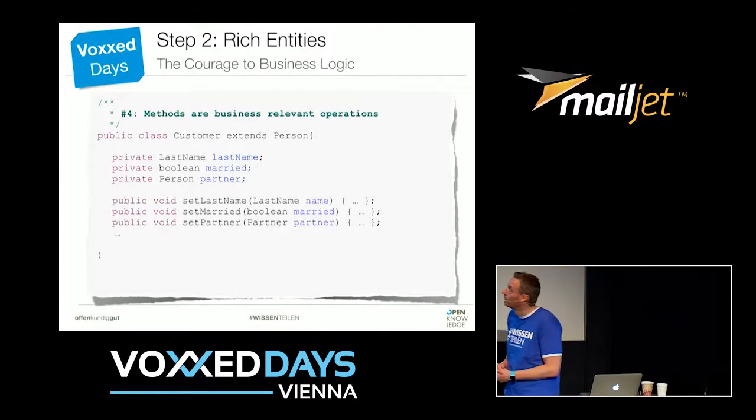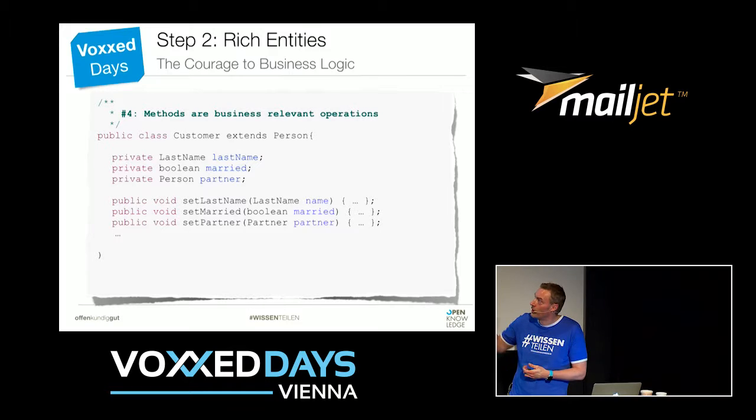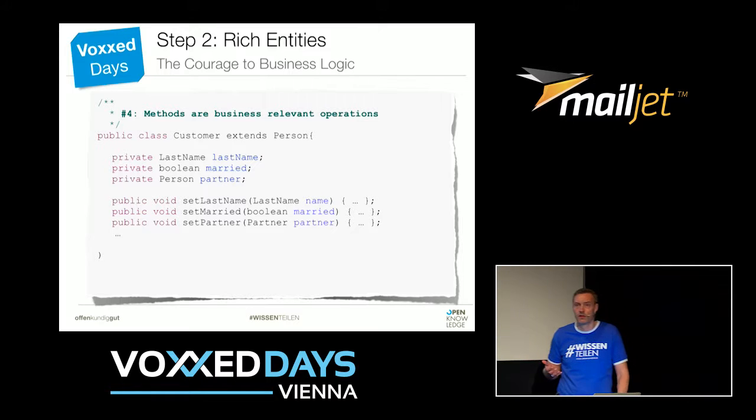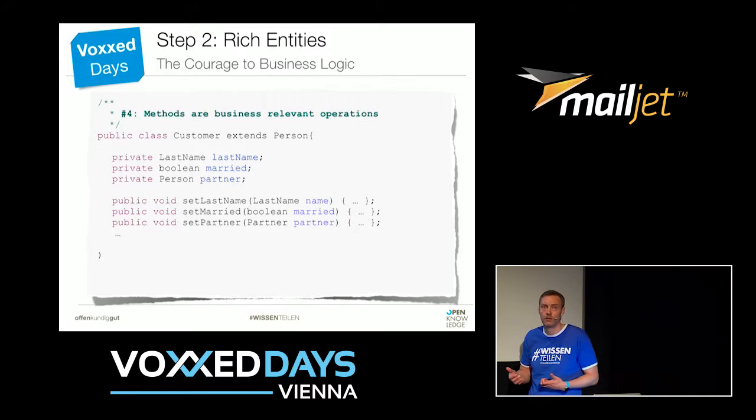So if this customer will marry another person, what you can do is you can call 3 setters just to make sure that everything works. But if you forgot one of the setters, what happens? You get into an inconsistent state. So this is not really business logic.